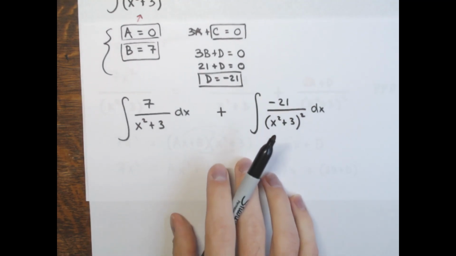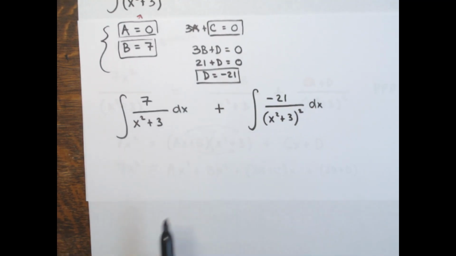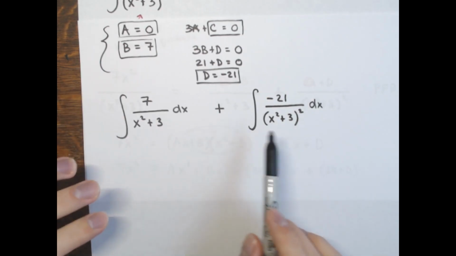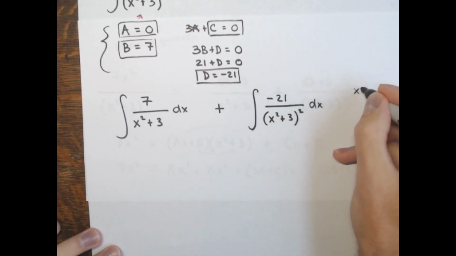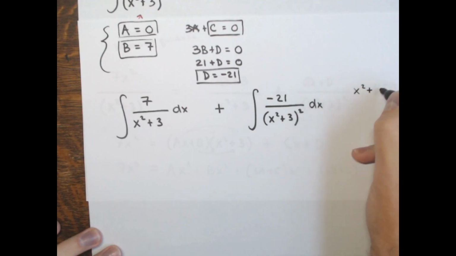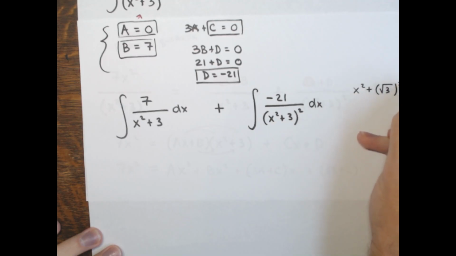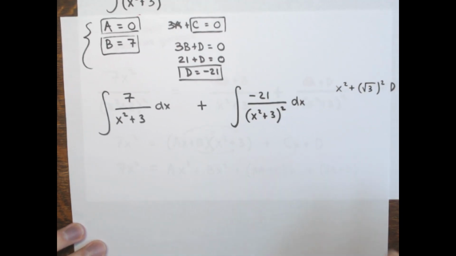Now, in both of them, I'm going to make the same trig sub. All right, so I'll actually just do both of them on the same page here, because I'm going to make the same trig sub, right? We got x squared plus 3 showing up, which is x squared plus the square root of 3 squared showing up in each of these.